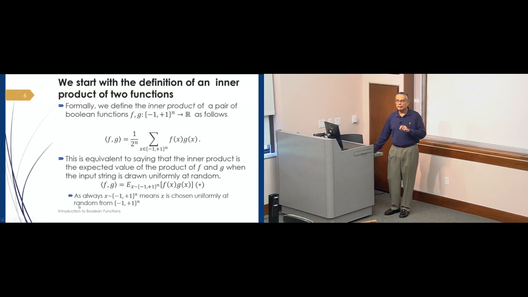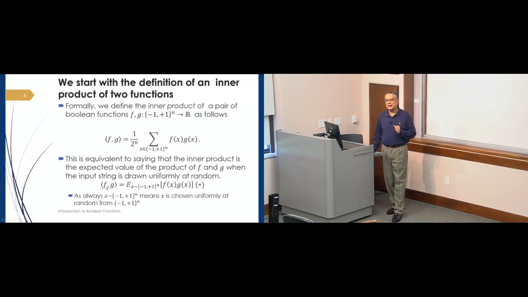I want to quickly mention in passing, because I think it's a fairly straightforward thing to conclude, that down here below, you see also another way of writing exactly the same expression, and that is to think about taking f(x) times g(x), but taking its expectation, which is nothing but all the values divided by 2^n, provided this notation here, just to remind ourselves in this lecture, means you're drawing the inputs uniformly at random from the set of all possible inputs, the 2^n inputs. So those are essentially different ways of looking at that.